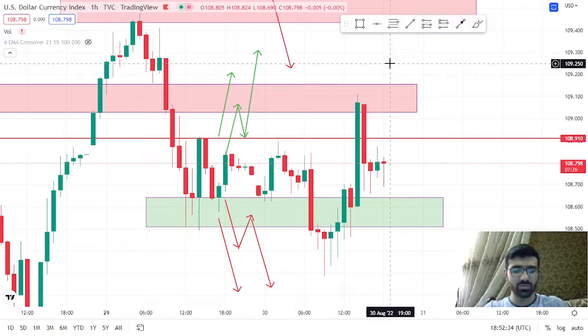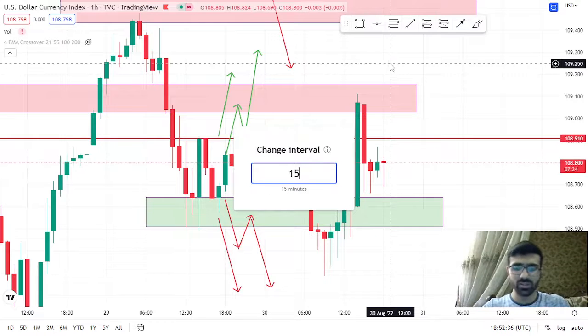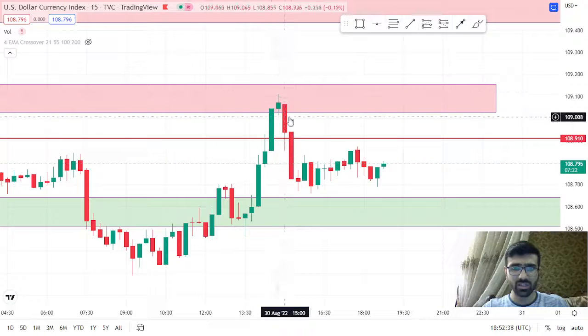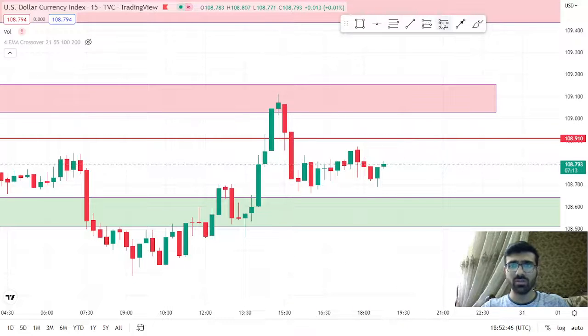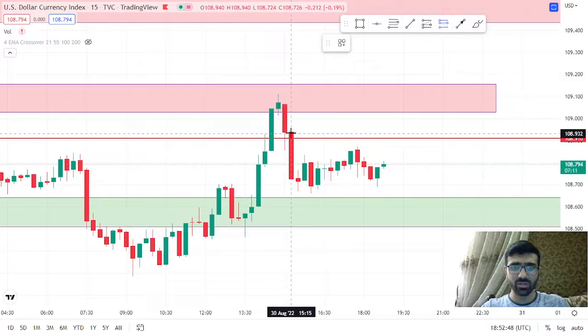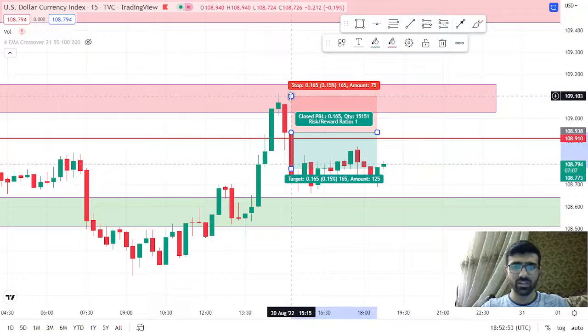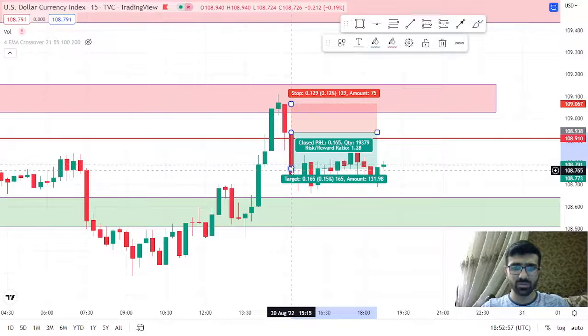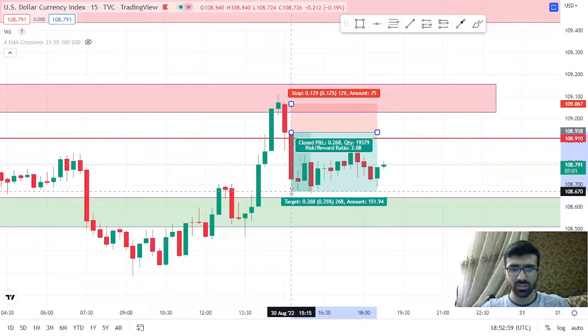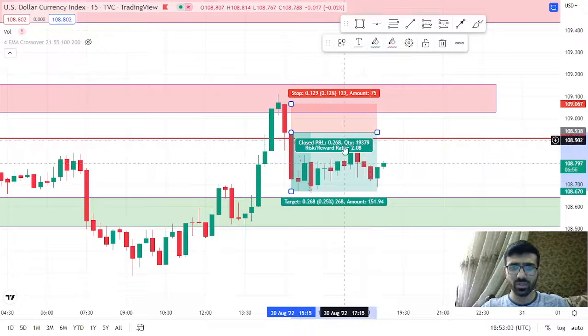If we move to the 15-minute time frame, we can clearly see that the market went up to this area and beautifully respected it, and closed below. We could have easily gone short from here, with our stop loss till here and our take profit approximately here. So this is a good 1:2 risk reward.